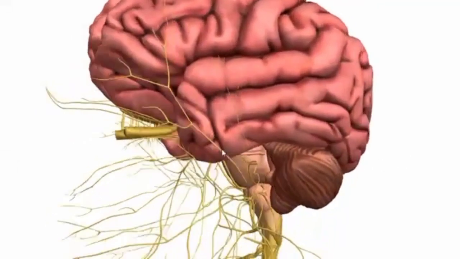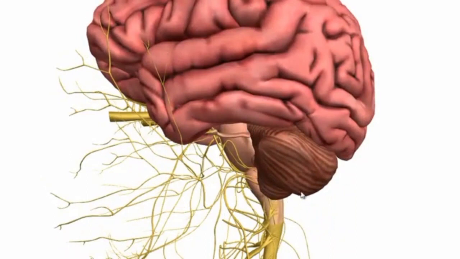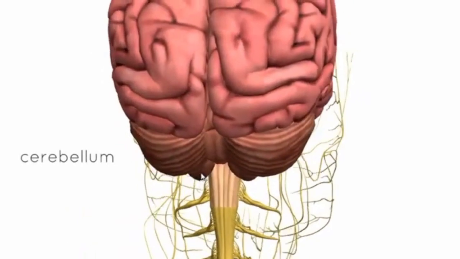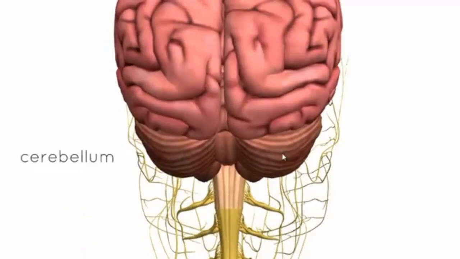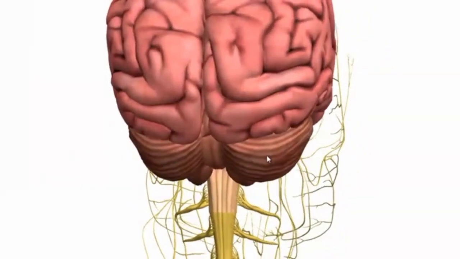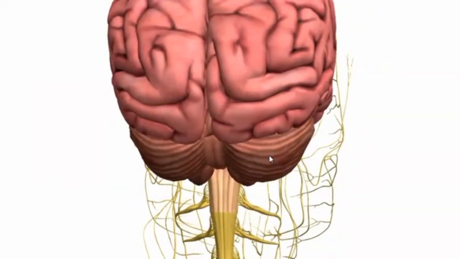I've just switched back to this model, and I'll show you the cerebellum. The cerebellum is the part of the brain which sits behind the brainstem. You can see it here sitting directly behind the brainstem, and you can see it has these two lobes. Cerebellum means little brain in Latin, and it has loads of connections with the brainstem, and it's important in motor control, coordination, balance, and muscle tone.